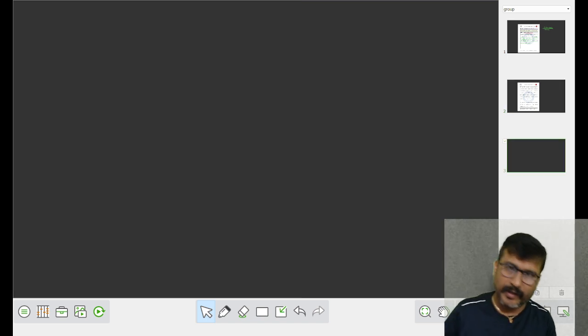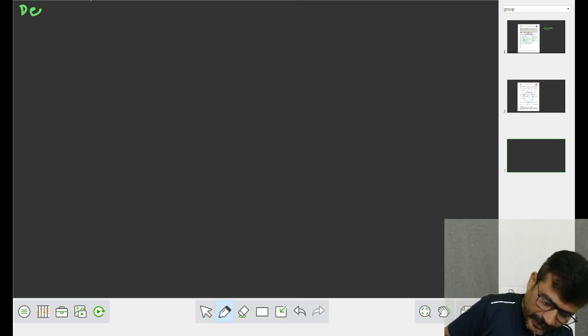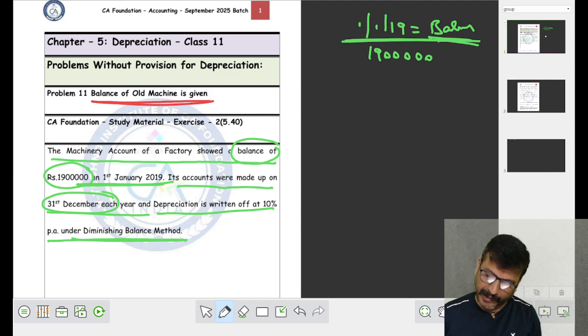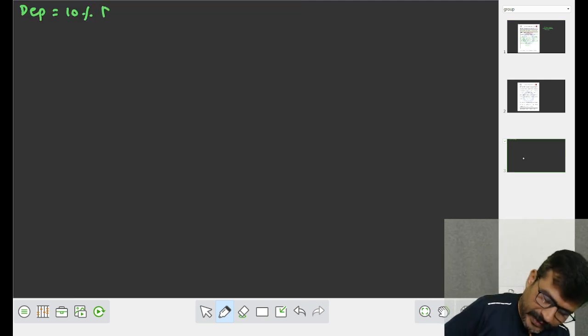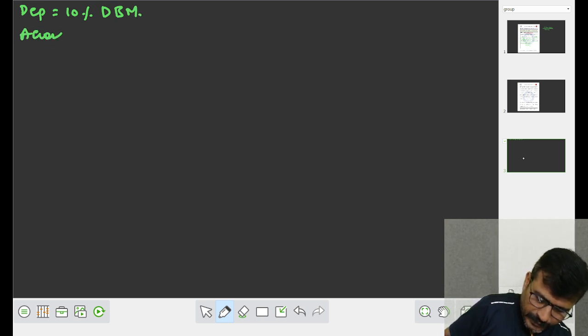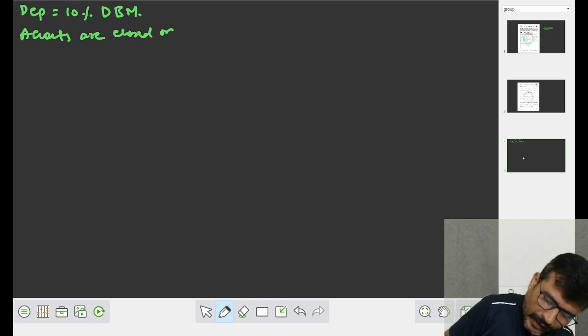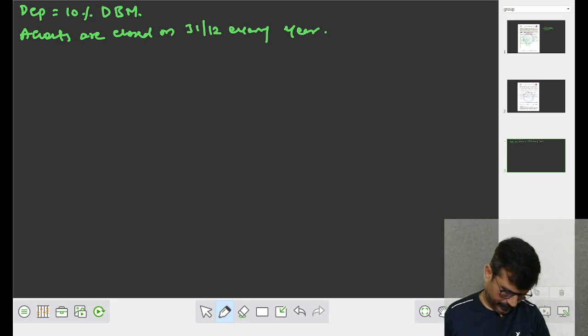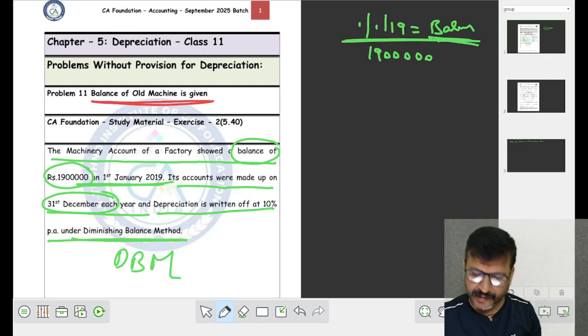Let me start with the concept. Accounts are closed on 31st December every year.